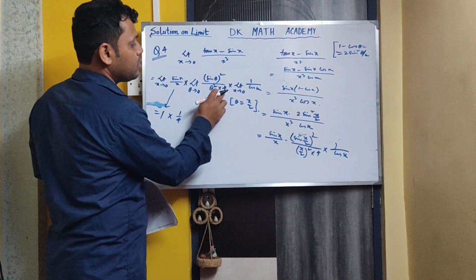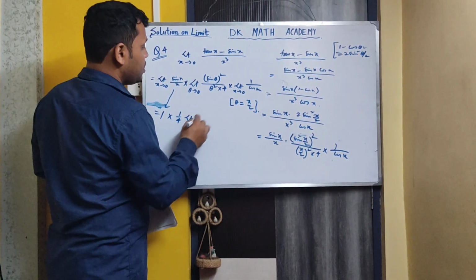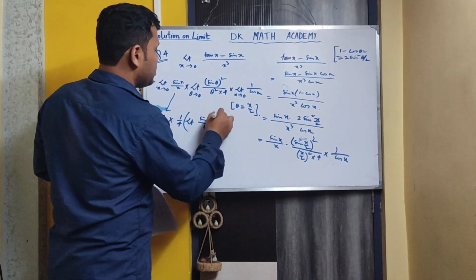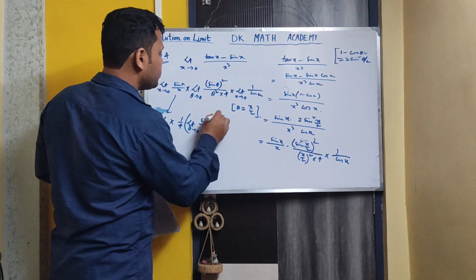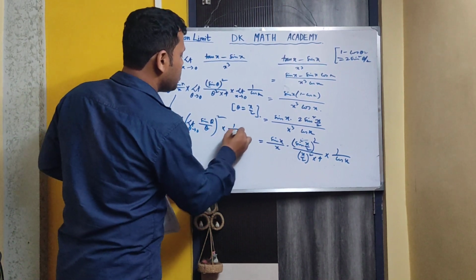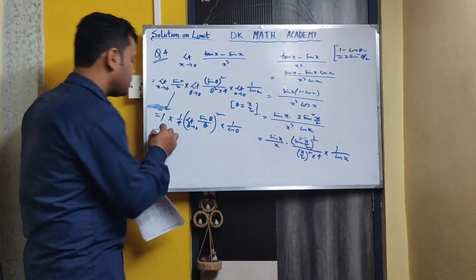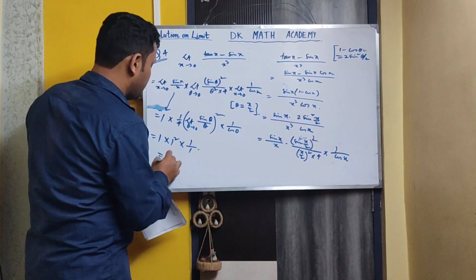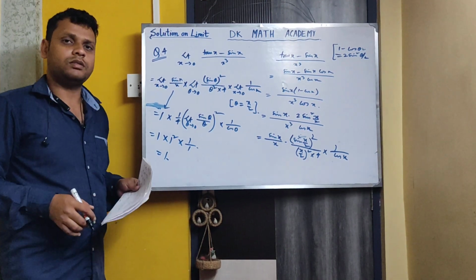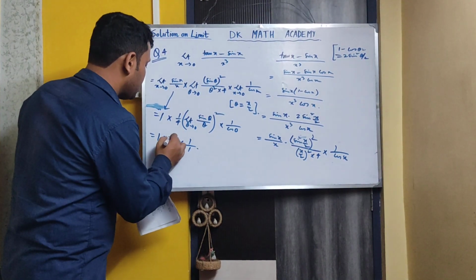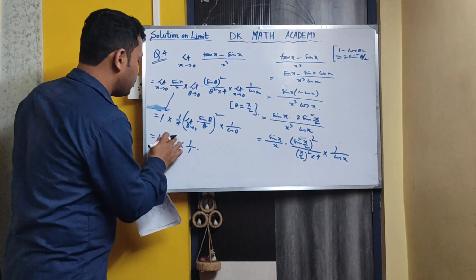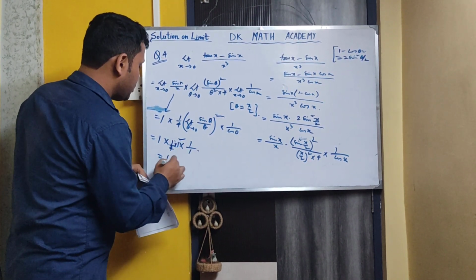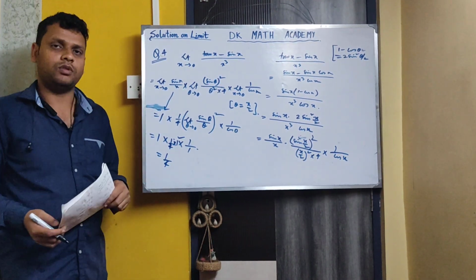Here this 1 by 4 comes, then this becomes sin theta by theta, its whole square, theta tends to 0, into this is cos 0, the third limit. So this is 1 into 1 square into 1 by 1. Sorry, here there is a 1 by 4 into 1 square. This is 1 by 4. Its value is 1 by 4.